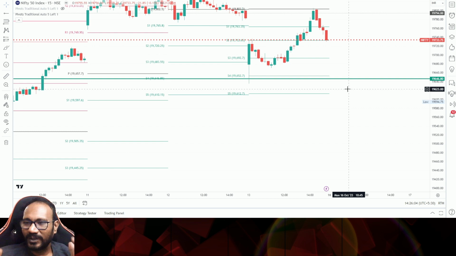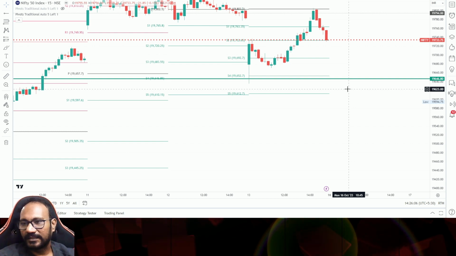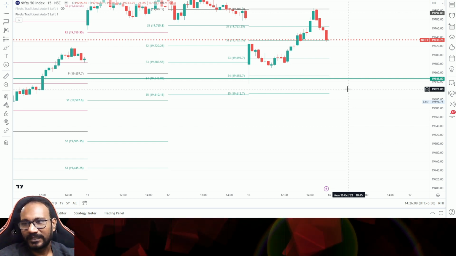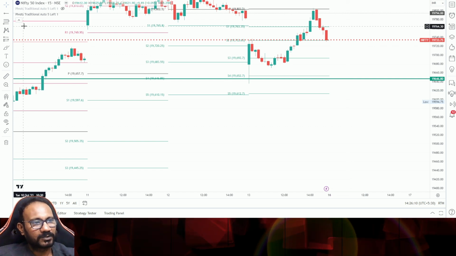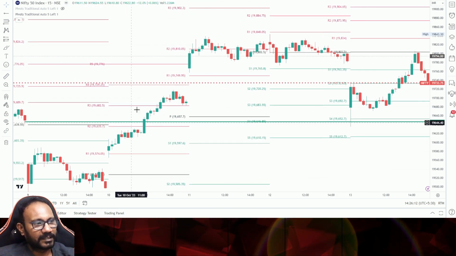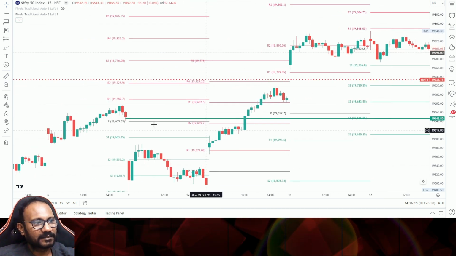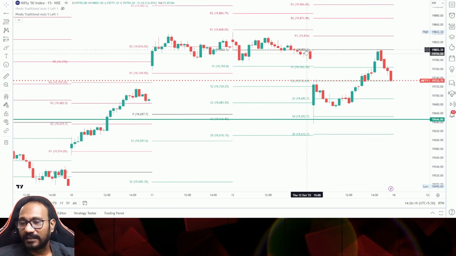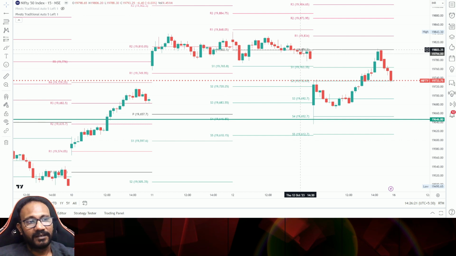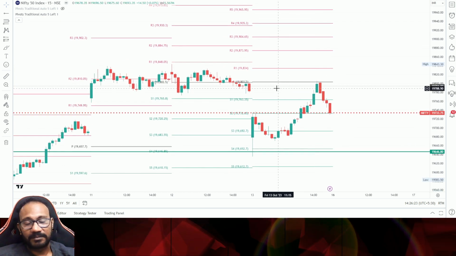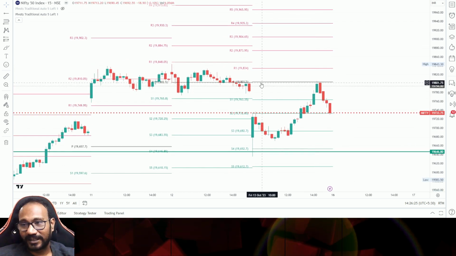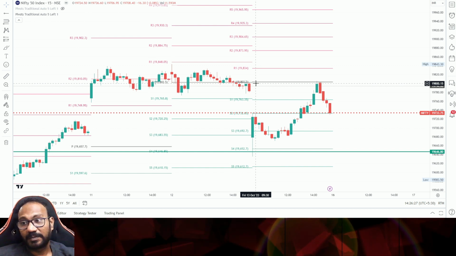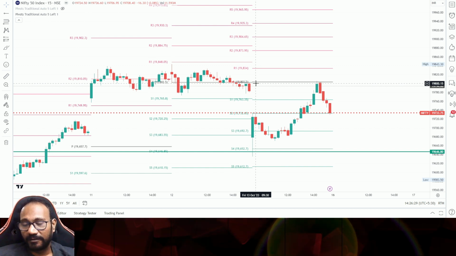Why? Because it's going to compute the recent candles' high, low, and close and do an average. Since most often the market has been sideways for so many days, it's computing all the averages and the average comes to 19,800, right? So that's why you see in the shorter time frame the pivot is very close to where the market is trading, but in the longer time frame the pivot might be much further away.